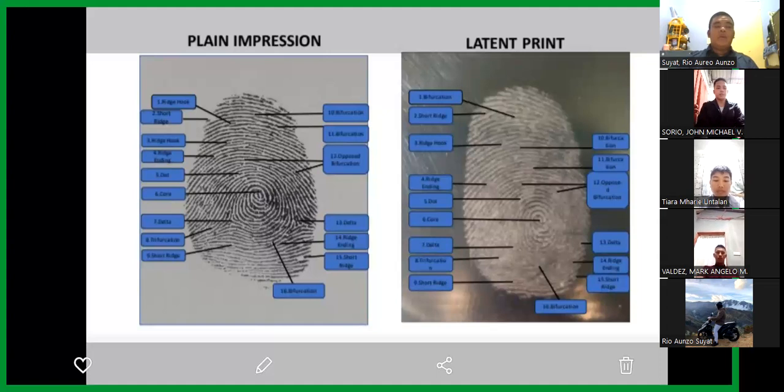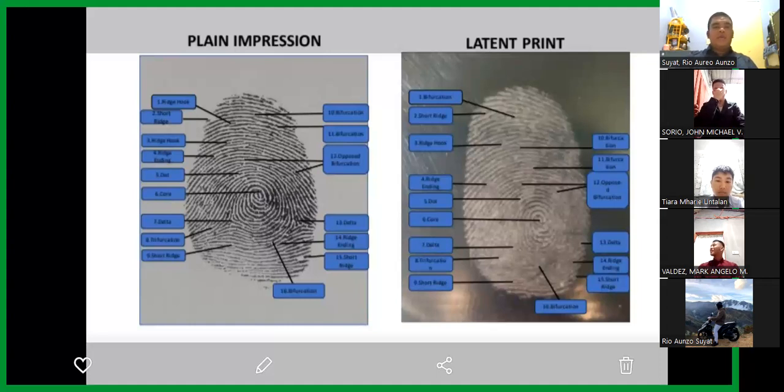Number 4, what is meant by minutiae? Minutiae are major features of fingerprint.